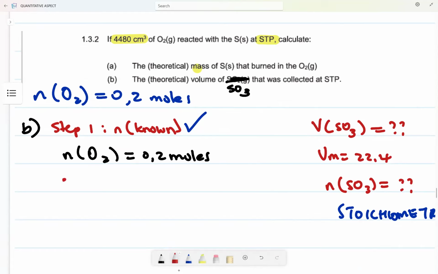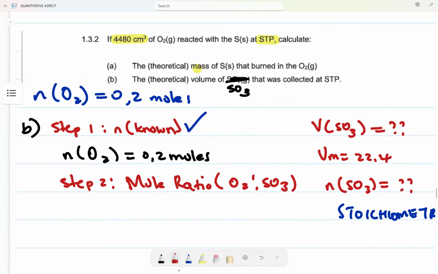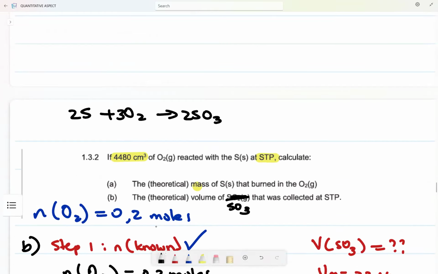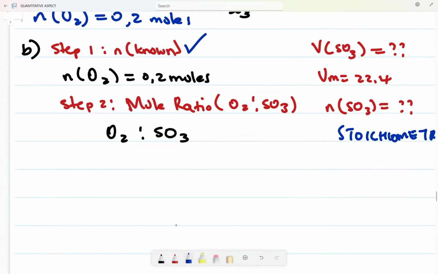Then let's look at step 2, the mole ratio between the known, which is O2, and the unknown, which is SO3. The mole ratio between O2 and SO3: O2 is 3, SO3 is 2. So the ratio is 3:2.